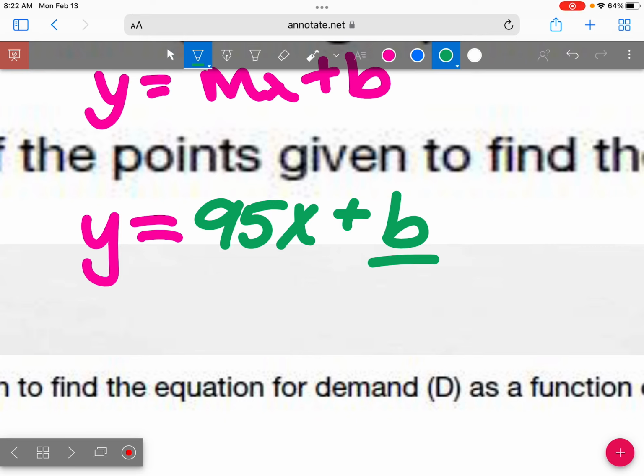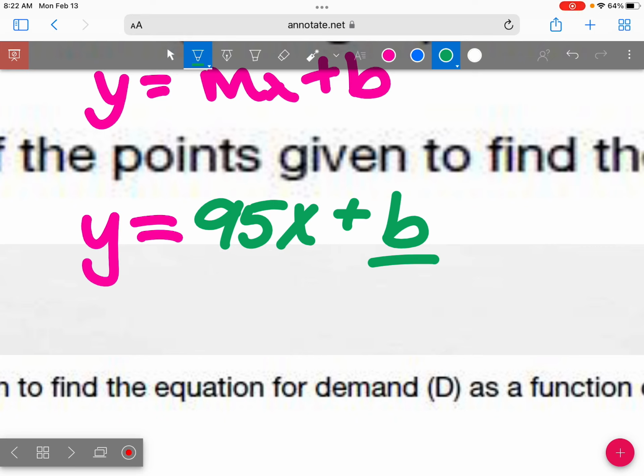How do we find our y-intercept? Yeah, true. Try to substitute. Substitute. What can we substitute in? Anyone else know what we can substitute in? Help them out. Yeah, Drew.